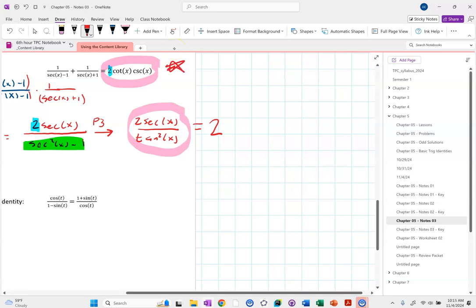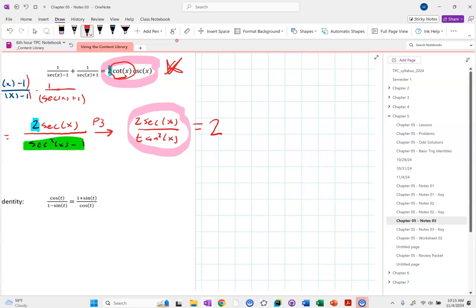No. So that tangent squared in the denominator can't stay there. Do I see part of where that denominator of tangent squared is going to go when I look at the goal? What do you see? What is cotangent the same as? 1 over tangent, right?